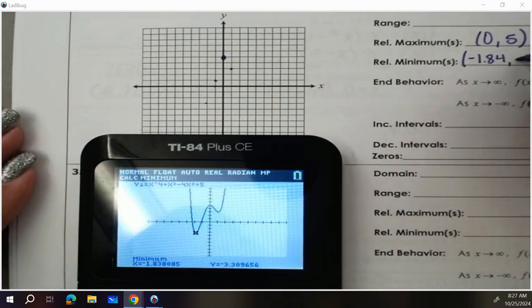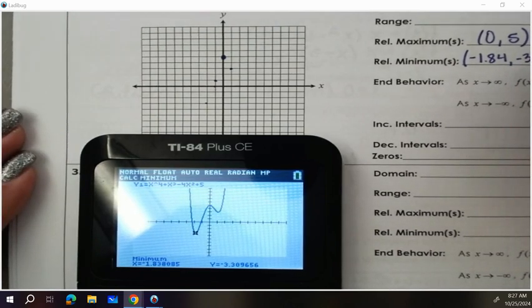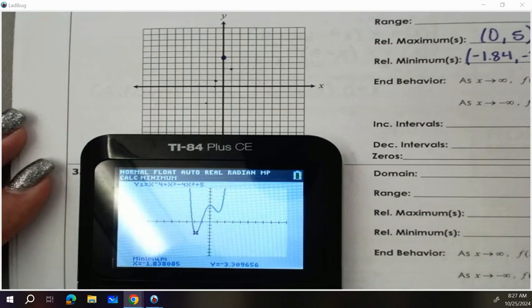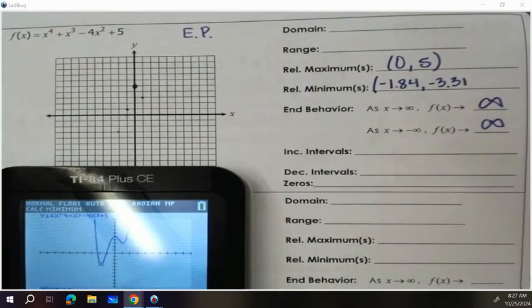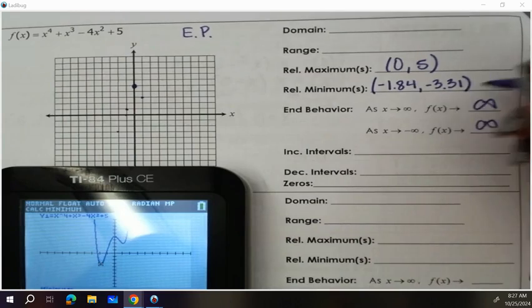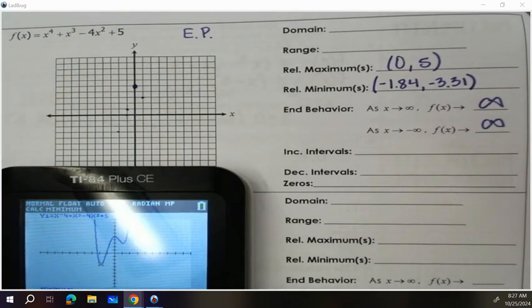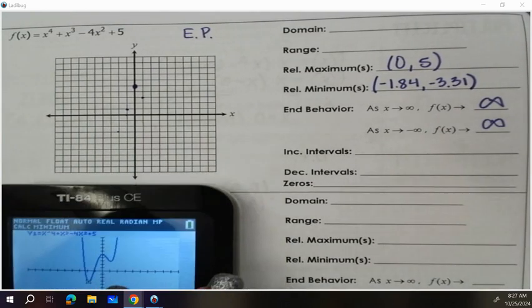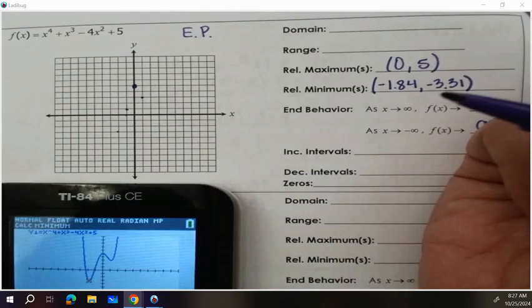And then negative 3.309, so the 9 makes the 0 go up to a 1. Use your proper rounding rules. You look at the third number over to determine what the second number is going to do. Okay, so negative 1.84, I can't get it exact, but I can get really close.